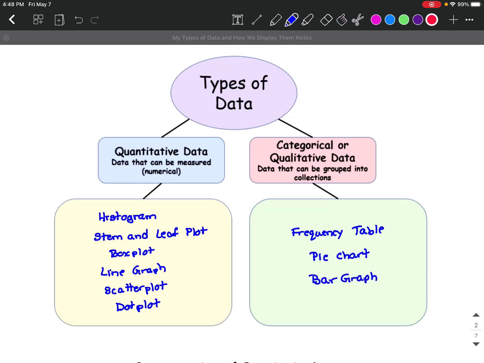Those are the types that we would use to represent those types of data. Now, you may or may not remember each of those types. Some may be more familiar to you than others, and that's okay because we are going to review them so you remember what they are, and some will use more than others. So let's go and take a look at some of these representations.